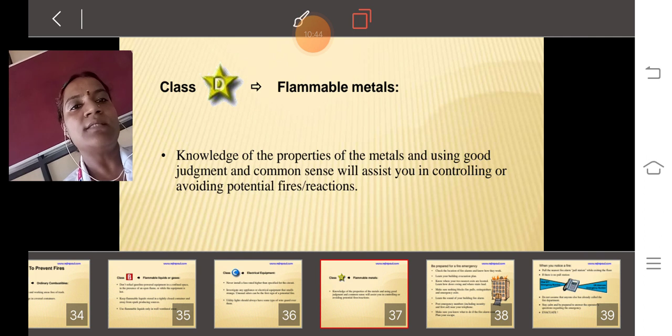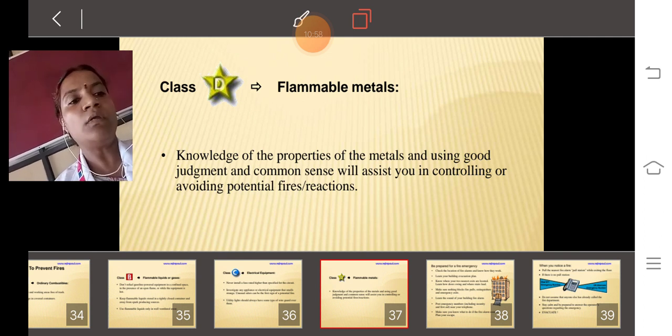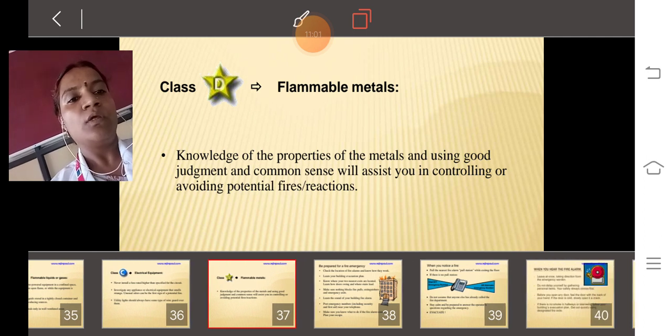And the last one is class D. It is nothing but combustible materials. While we are using combustible materials, we should have knowledge about the properties of the material, in such a way that we can protect ourselves, our industries and equipment.